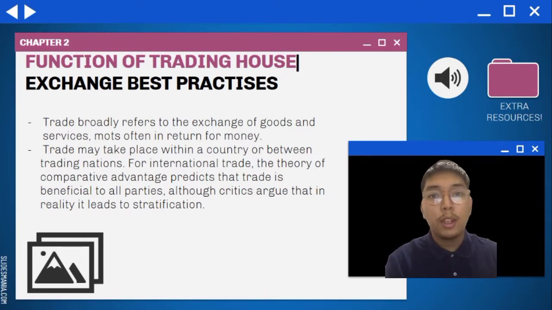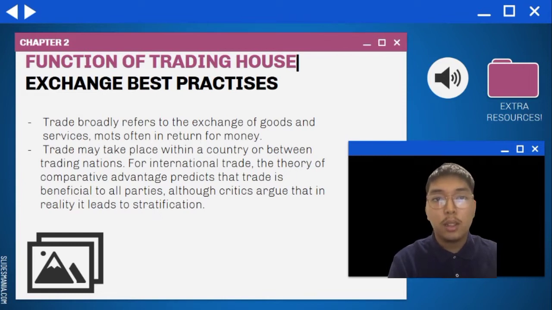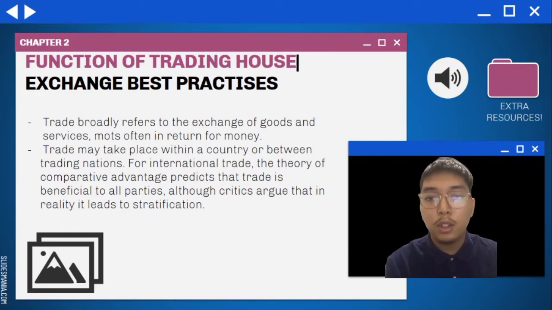Trade broadly refers to the exchange of goods and services, more often in return for money. Trade may take place within a country or between trading nations. For international trade, the theory of comparative advantage predicts that trade is beneficial to all parties, although critics argue that in reality it leads to stratification.